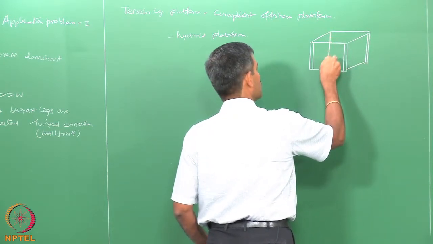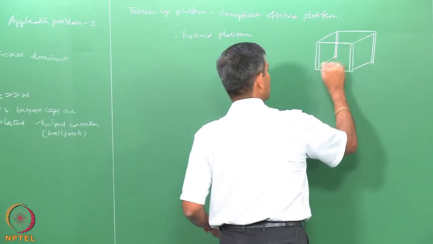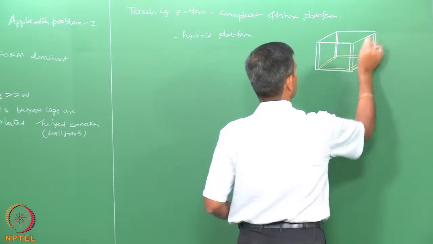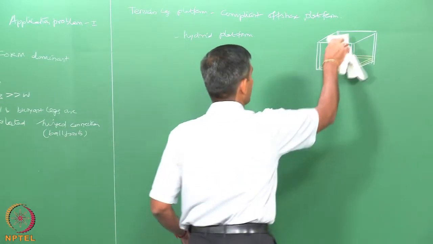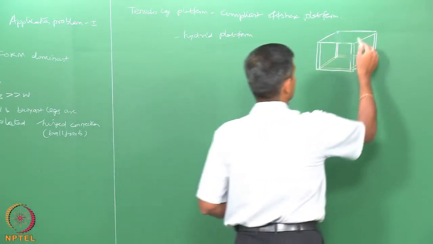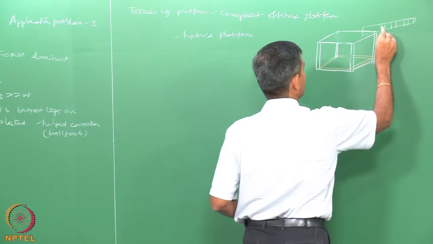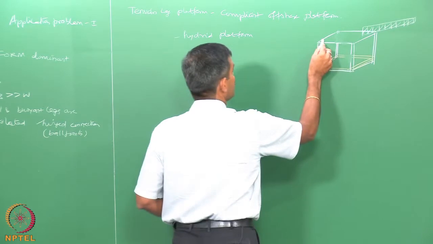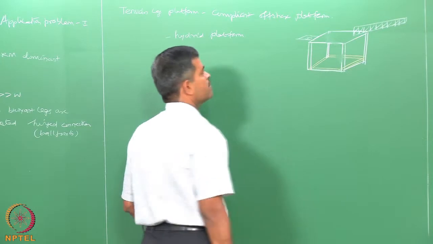So, I have 4 column members as I showed here, and I have pontoon members on the bottom as well as on the top, and the top side will now consist of all details as required, maybe a crane derrick, maybe a helipad, and so on.